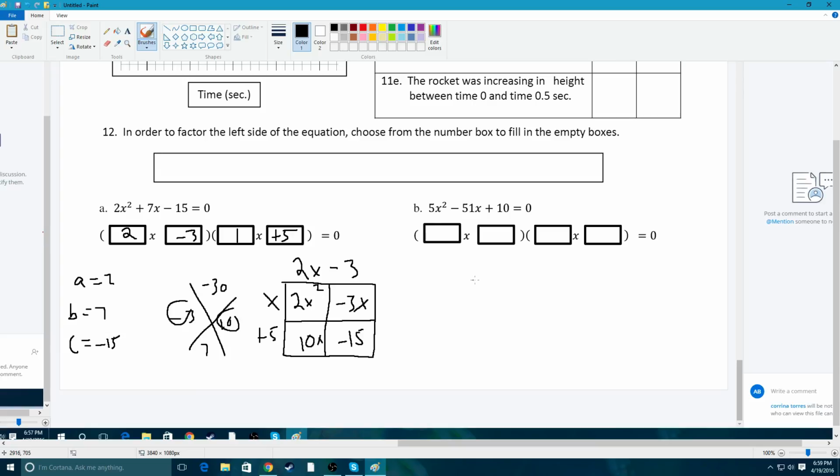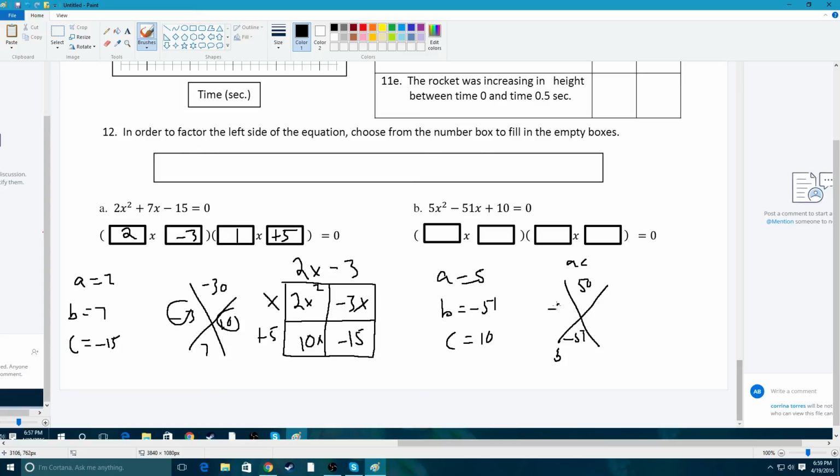Okay. Same thing for part B. A is equal to 5, B is equal to -51, C is equal to 10. Extreme X factor. Air conditioning on top, B is in the basement. So this becomes a positive 50 and a negative 51.